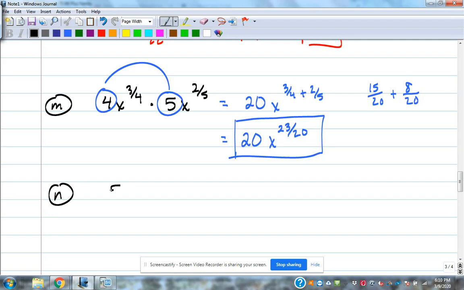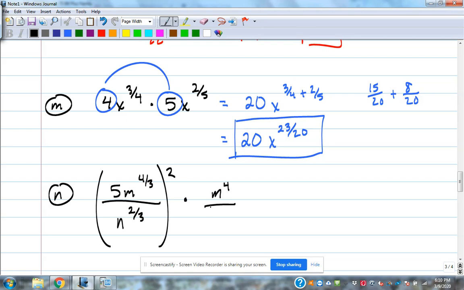Let's throw in some division here. 5m to the 4/3 n to the 2/3, squared, times m to the 4th over 8n to the 5th, to the 1/3. So we're doing a lot of exponent rules here, just kind of throwing a lot at you.